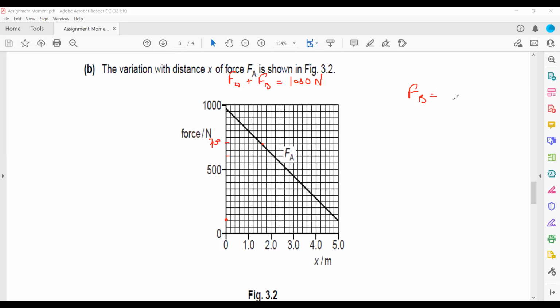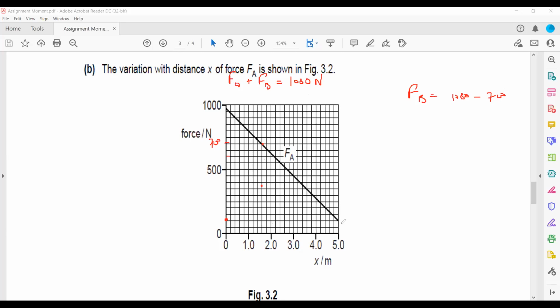Because FB is 1080 minus 700, that's 380. So FB will be 380 at this point. So this is 100, 200, 300, 350. This is 400. So it will be about 380, somewhere here.